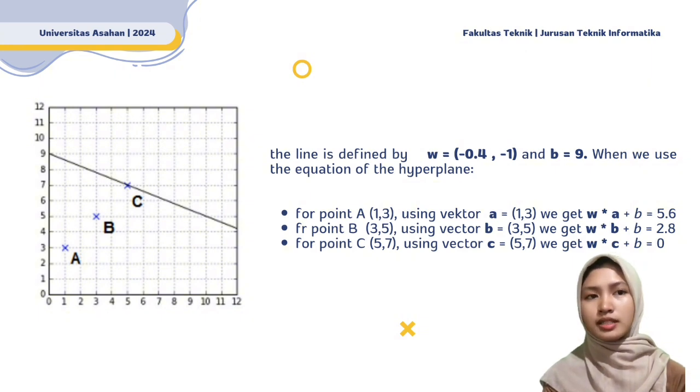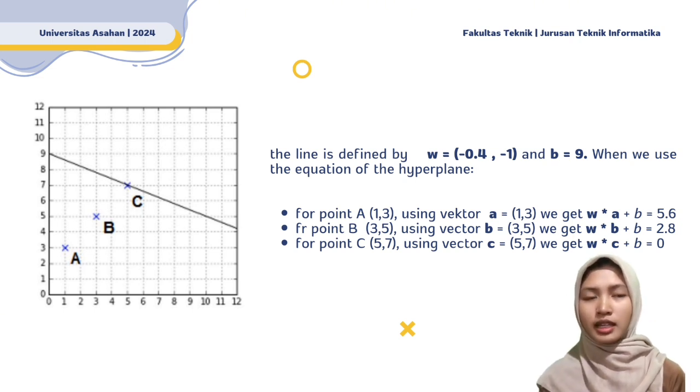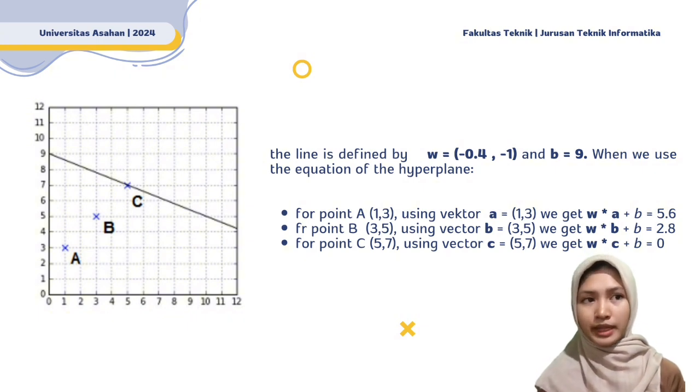As you can see, when the point is not on the hyperplane, we get a number different from 0. In fact, if we use a point far away from the hyperplane, we will get a bigger number than if we use a point closer to the hyperplane.